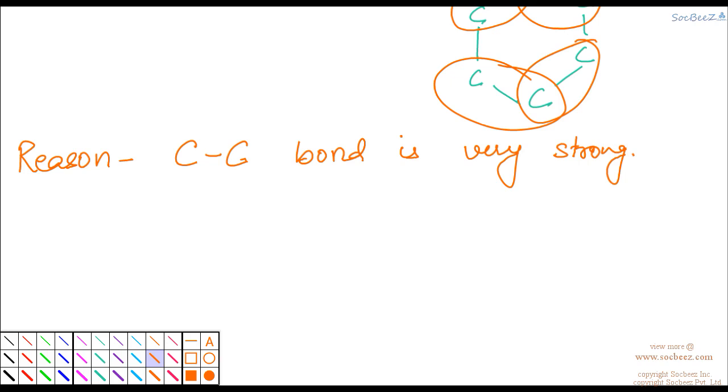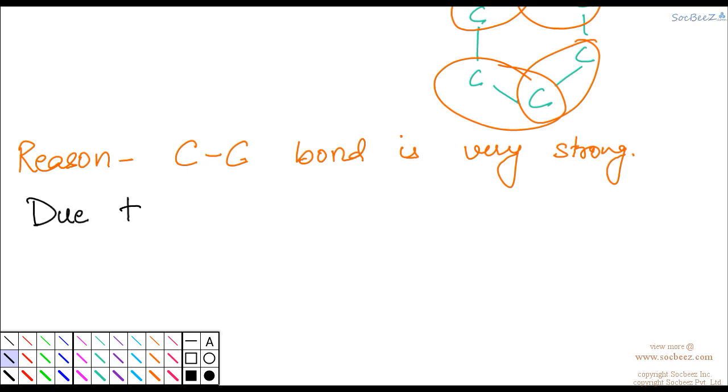Now, due to this property of catenation and p-pi bond formation, carbon shows many allotropic forms. Many allotropic forms means many forms of existence of carbon are observed in nature.